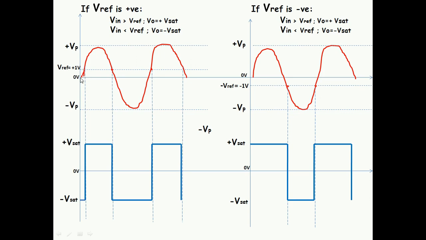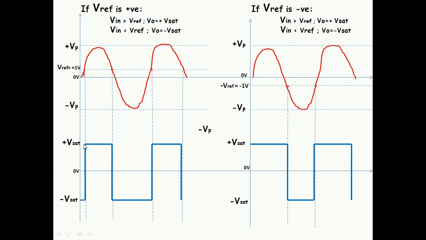When it is negative, then the output voltage is minus V saturation, till V in becomes equal to V reference of 1 volt. When it becomes equal to V reference, the switch from minus V sat to plus V sat takes place.